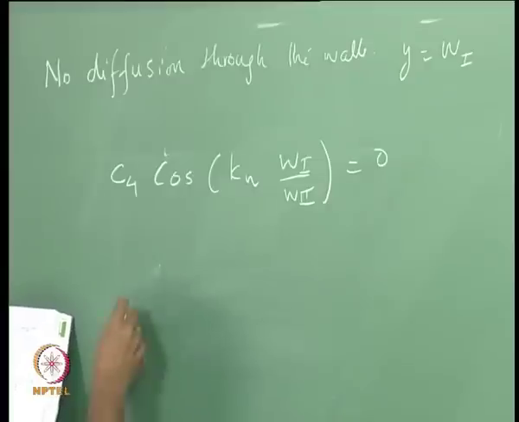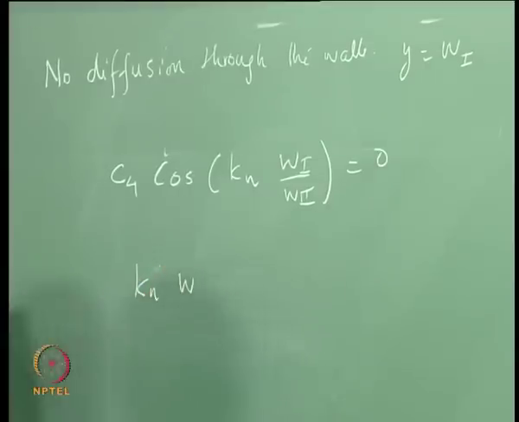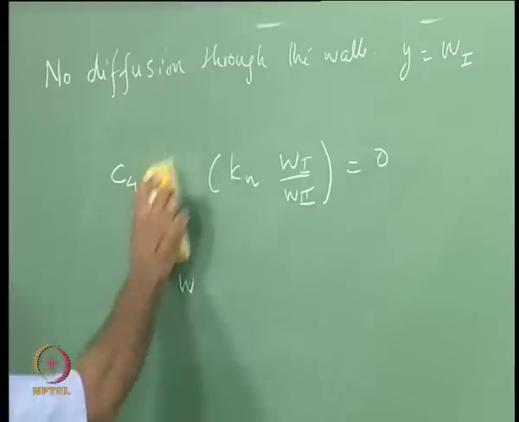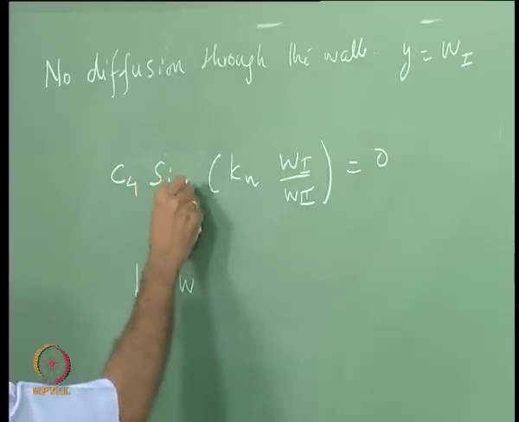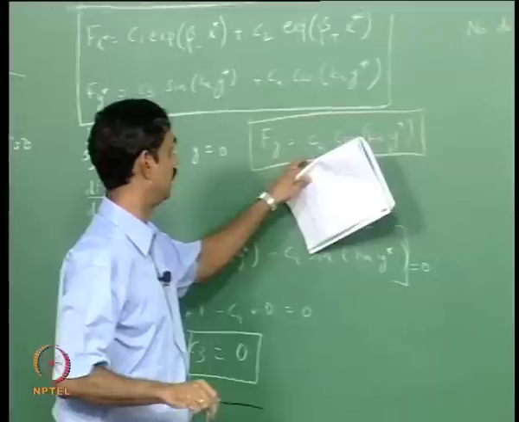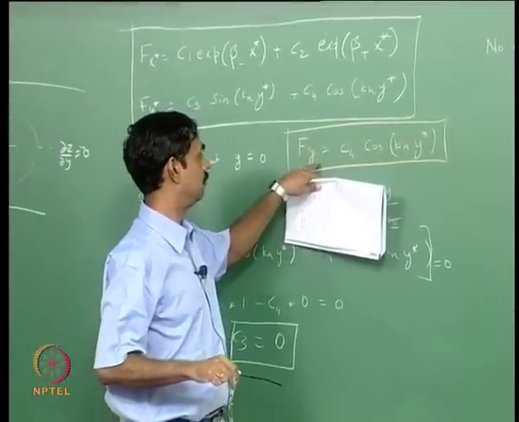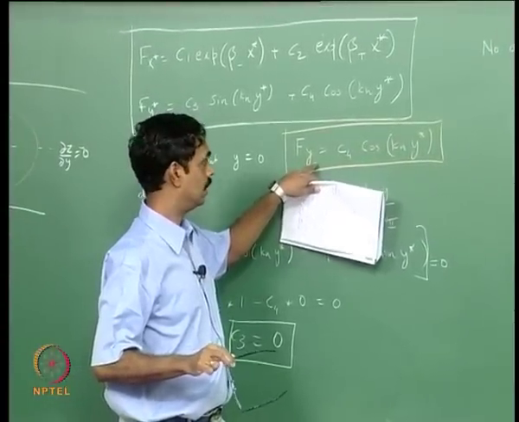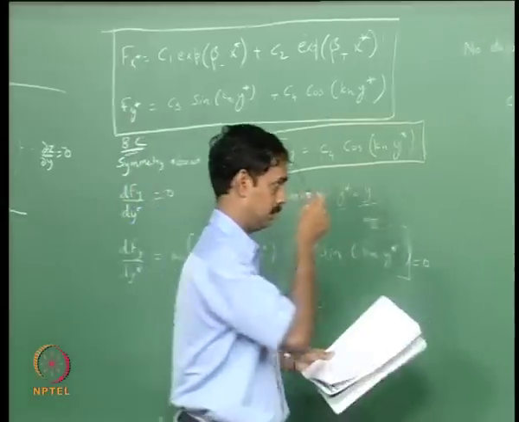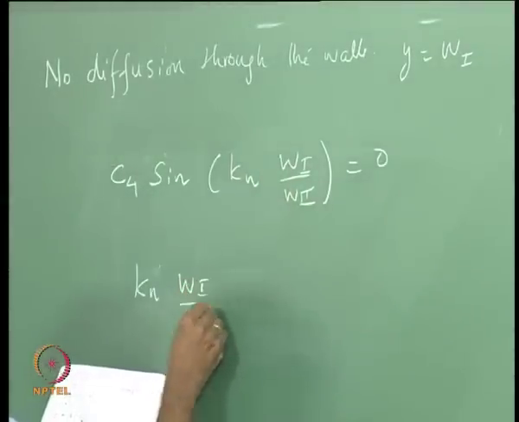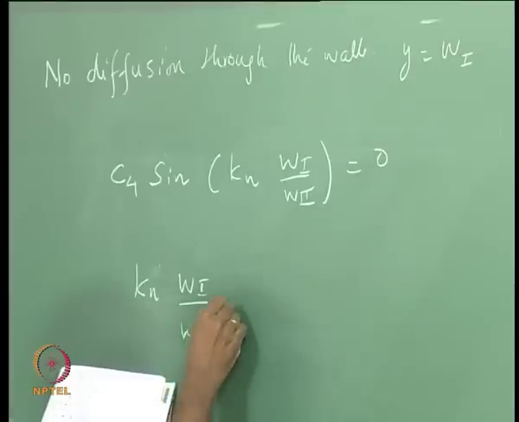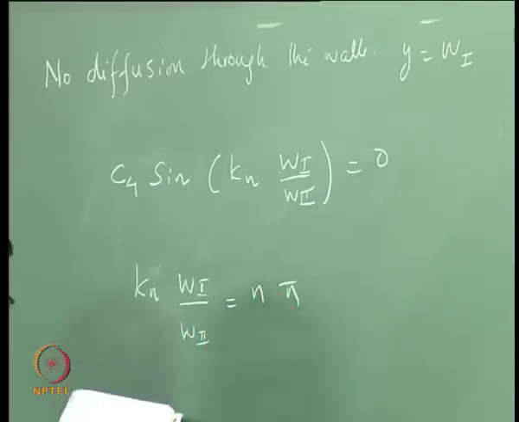This should give kn, sorry, it should say sine because the condition is on dz by dy, right. So when this is fy, dfy by dy will be like sine. Okay. And pi.